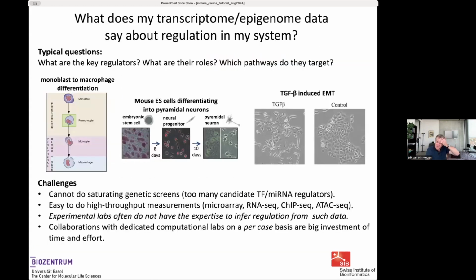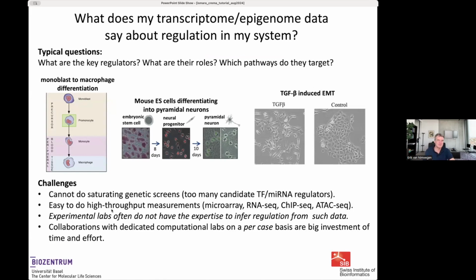All right, so what are the kind of questions that we have in mind? The questions we have in mind with our tools are: people have done transcriptome or epigenome measurements on some system that they're interested in, and they're interested in knowing what kind of regulation is happening in my system.